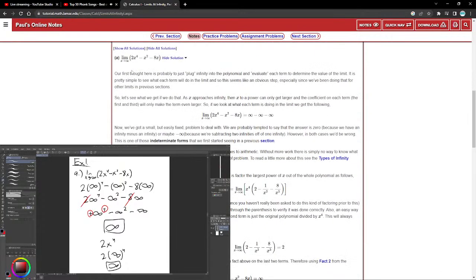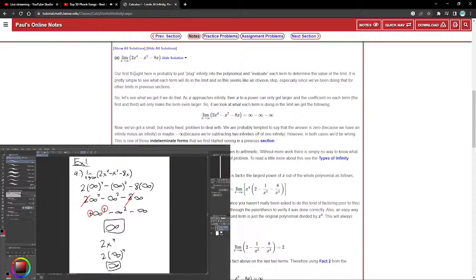So the website says, our first thought here is probably just to plug infinity into the polynomial and evaluate each term to determine the value of the limit. It is pretty simple to see what each term will do in the limit, and so this seems like an obvious step, especially since we've been doing that for the other limits in the previous sections.